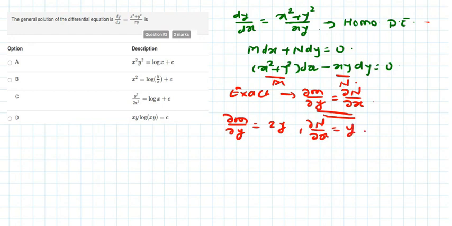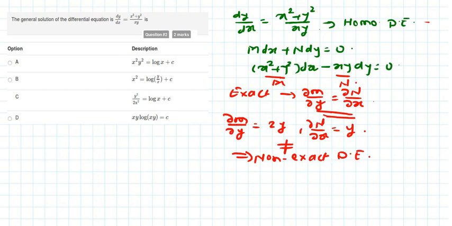So you can clearly see del M by del y is not equal to del N by del x. So the given differential equation is a non-exact differential equation. If it is non-exact, we will convert it to an exact differential equation by finding the integrating factor.